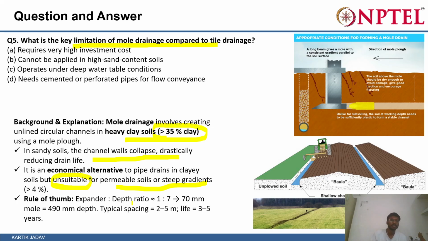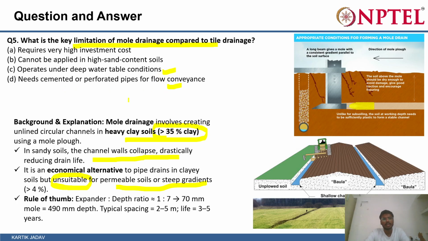Now, the key limitations of mole drainage compared to tile drainage are: requires high investment costs, cannot be applied in high sand content soil, operates under deep water table condition, and needs cemented or perforated pipes for flow conveyance.